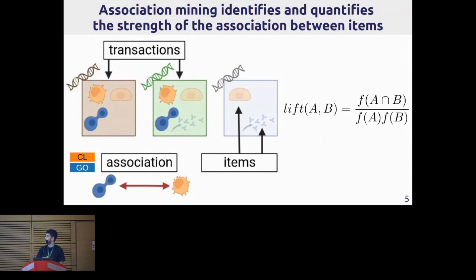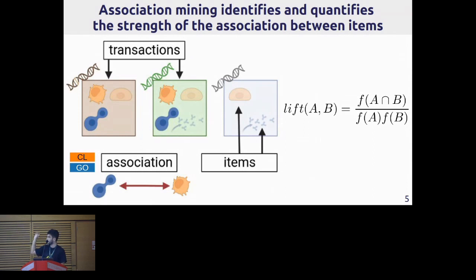And our intuition was to follow this framework, but adapt it to our gene set. Basically, here we will consider every gene in our gene set as a transaction and every annotating term of this gene as an item. And we will quantify the strengths of the association by using a metric developed in this framework. It's called the lift.